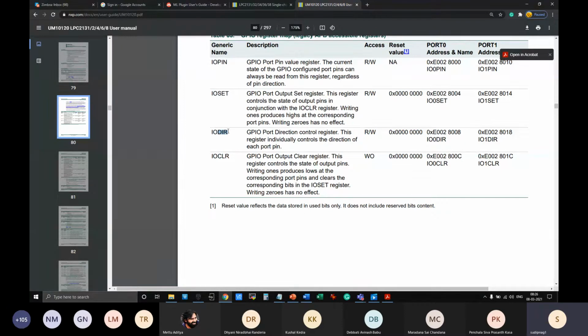So this IO direction is general purpose IO port direction control bit. This register individually controls the direction of each and every port pin. That means whether it is input or output, that direction can be controlled by using this IO direction.